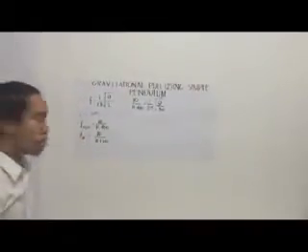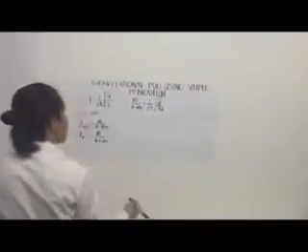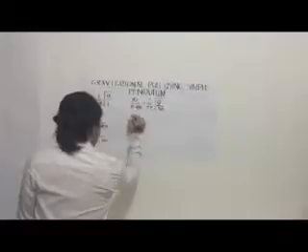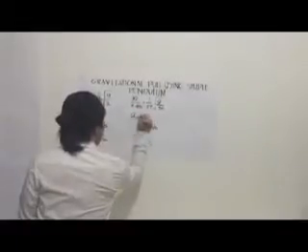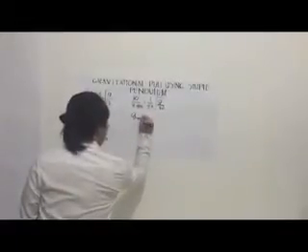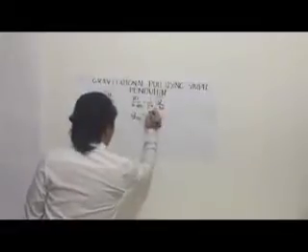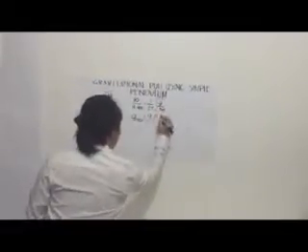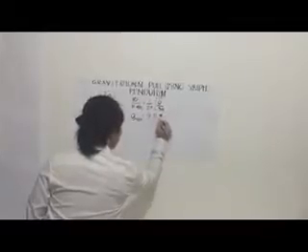And using the shift-solve function of the calculator, we obtain the gravitational pull at the top of the building, g top, equal to 9.11 meters per second squared.